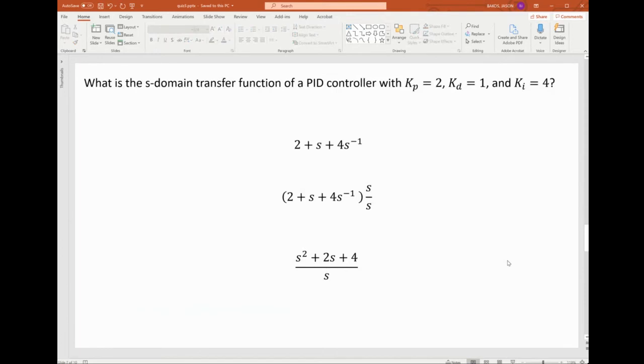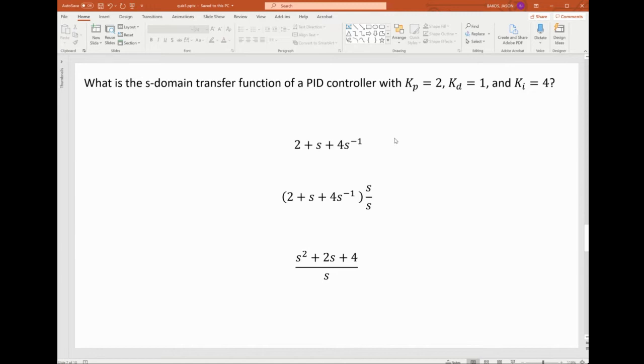Next question is, what is the S-domain transfer function of a PID controller with the proportional term being 2, the derivative term being 1, and the integral term being 4? So the easiest way to do this is to just put down the proportional term by itself, and then the derivative term would be a coefficient of s, and the integral term would be a coefficient of s to the minus first power.